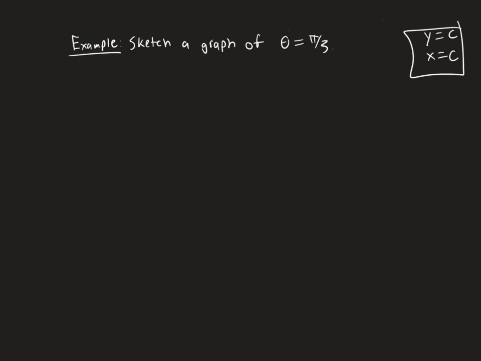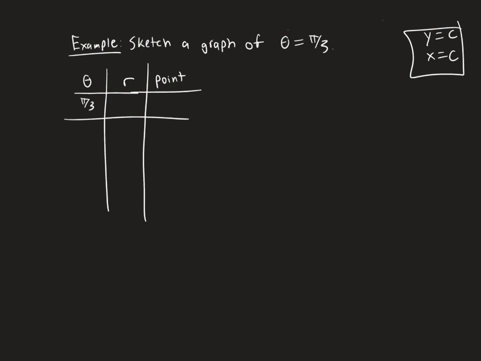Now our table is going to be a little wonky here, just like the tables for y equals a constant and x equals a constant are also kind of wonky. But we can do the same thing where we do theta and then r, so we can get our theta values and our r values, and then that will give us our corresponding point. All of our theta values are pi over 3, because the theta value is fixed.